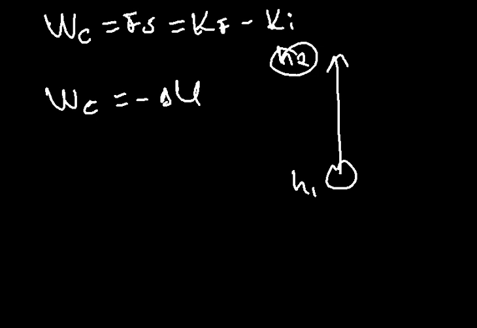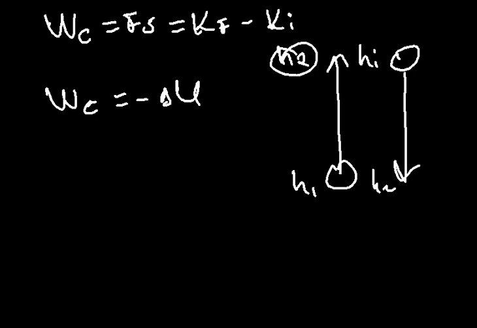But the fact that the object is moving against the direction of the gravitational force means there is a negative work being done by the conservative force. And also in the same case, if the object is falling down, this is the initial position and this is the final position, which I can call H2. Since the object is moving downwards, in the direction of the gravitational force, we expect the work done by the gravitational force on the object to be positive.